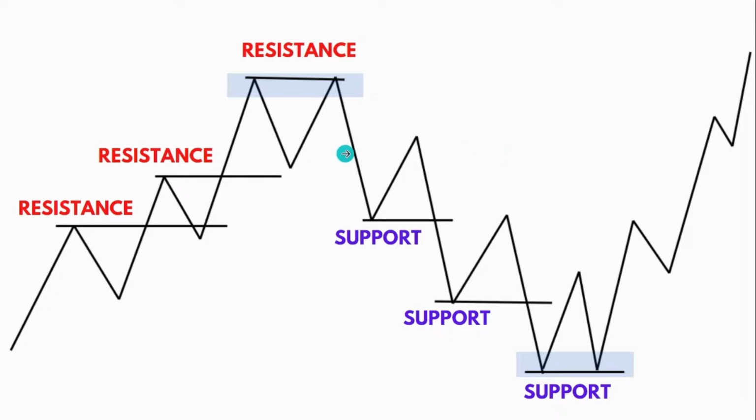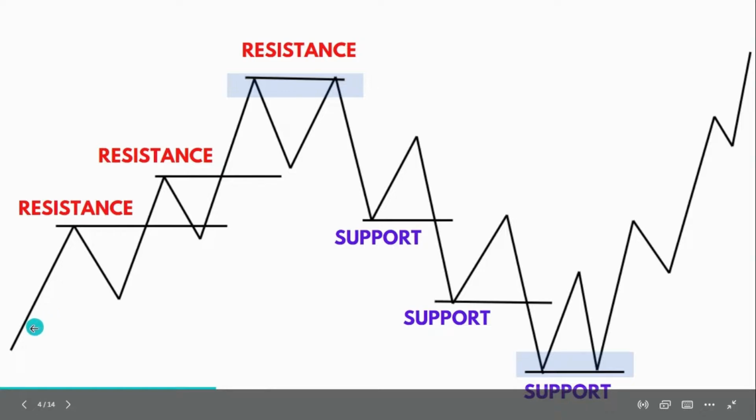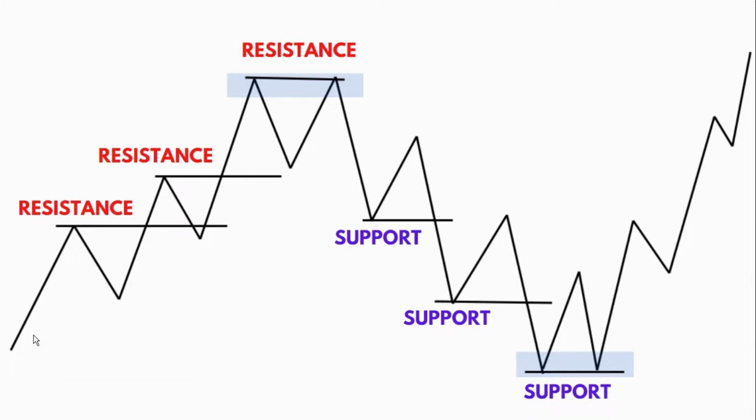And here's how the M and W formation works. It's based purely on price action and support and resistance. So we all know that the market consists of higher highs and lower lows, right? So an uptrend is made by forming higher highs and higher lows, and a downtrend is formed by giving us lower highs and lower lows.